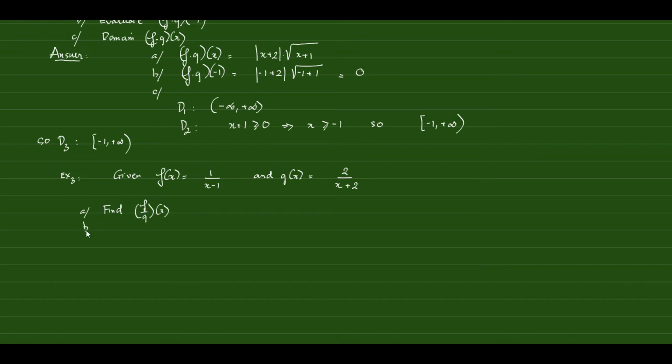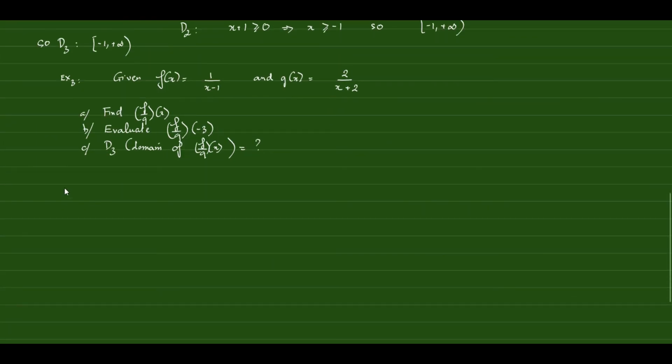Then on part B, I want you to evaluate f over g of x at -3, and finally I'm asking you to find D3, which is the domain of f over g of x.